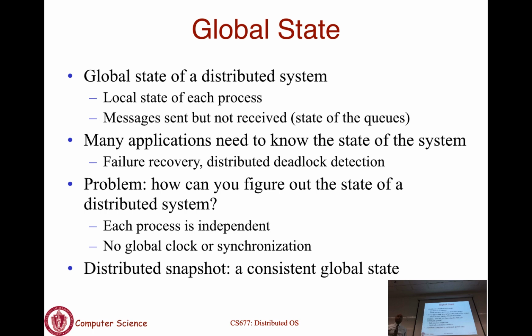Now, the question we are trying to ask is, how do you capture this global state? A simple technique, if you have perfectly synchronized clocks, every machine perfectly synchronized with every other machine, under ideal conditions, is to say that at noon, all machines will freeze. They will stop executing. They will take whatever is in their memory and write it out to disk.